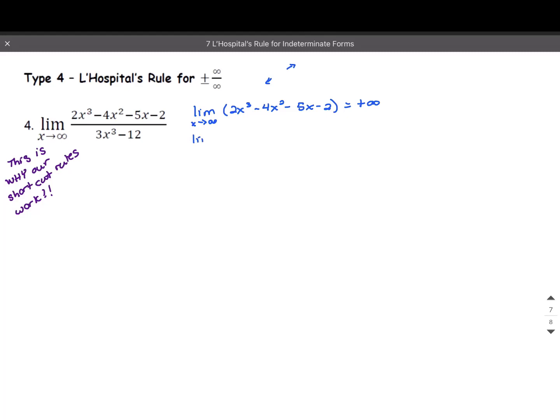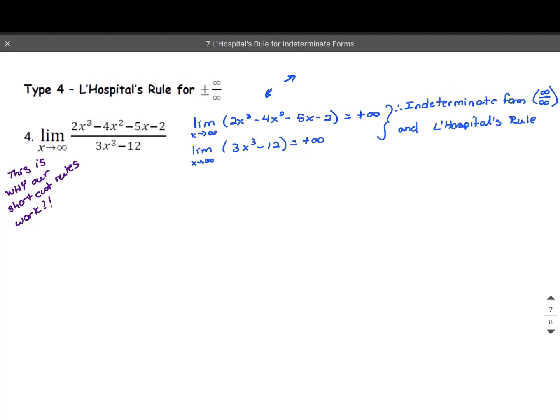If we look at the limit as x heads to infinity of the bottom piece, 3x cubed minus 12, that's also an odd function with a positive leading coefficient. So it looks like y equals x cubed at the ends, and it's headed to positive infinity. This is an indeterminate form. This time it's infinity over infinity. And now we know that L'Hopital's rule applies.